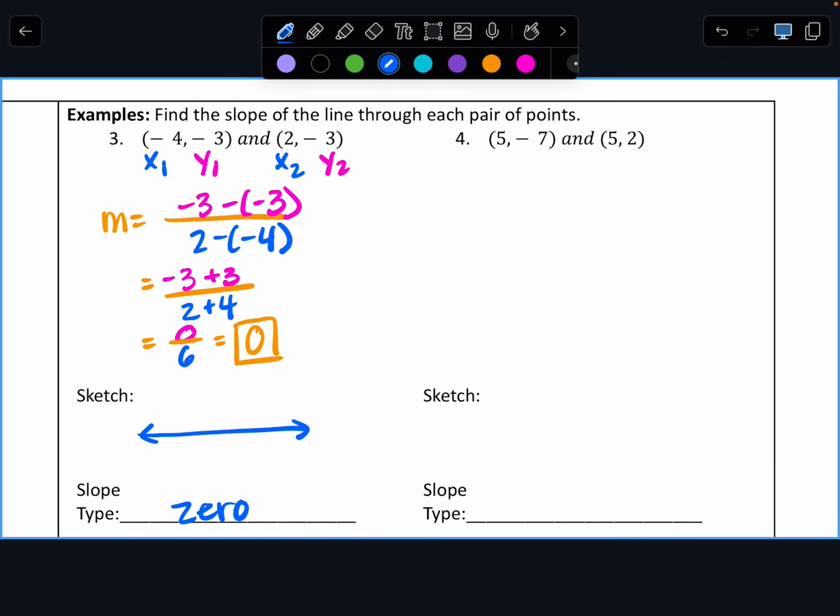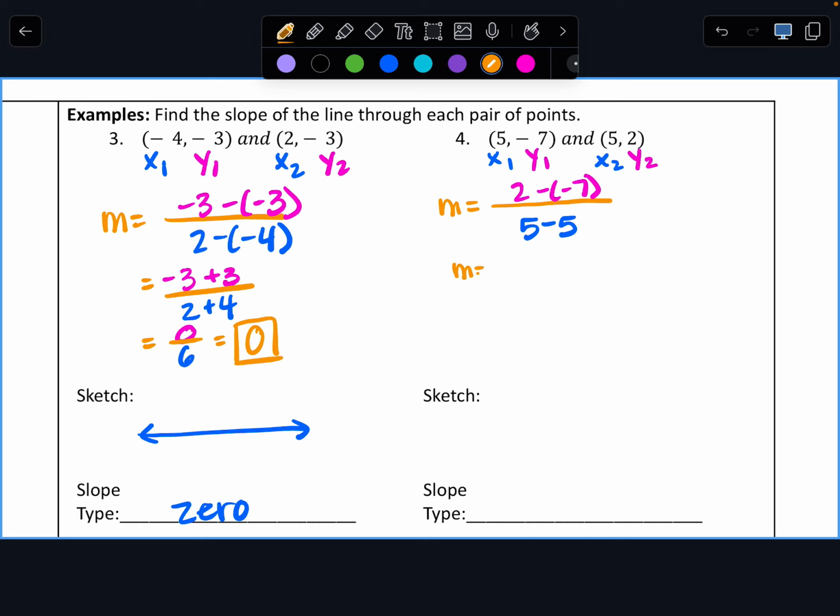Number 4, label the points. And plug it into the formula. y2 minus y1 is 2 minus negative 7. x2 minus x1 is 5 minus 5.